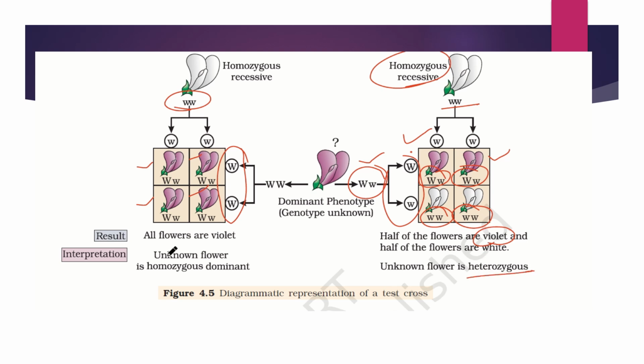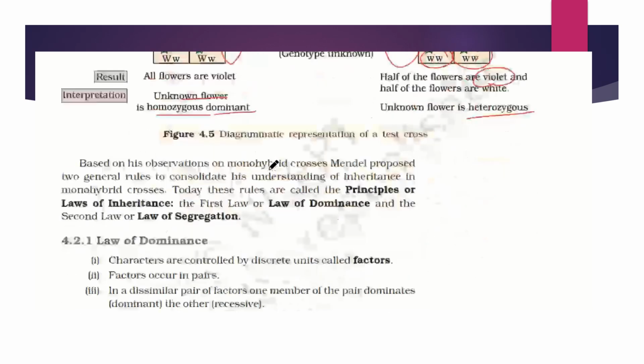And here an unknown flower homozygous dominant is there. So in the first F1 generation all are purple. In the F2 generation in the test cross, we have seen that half of the flowers are purple and half of the flowers are white.